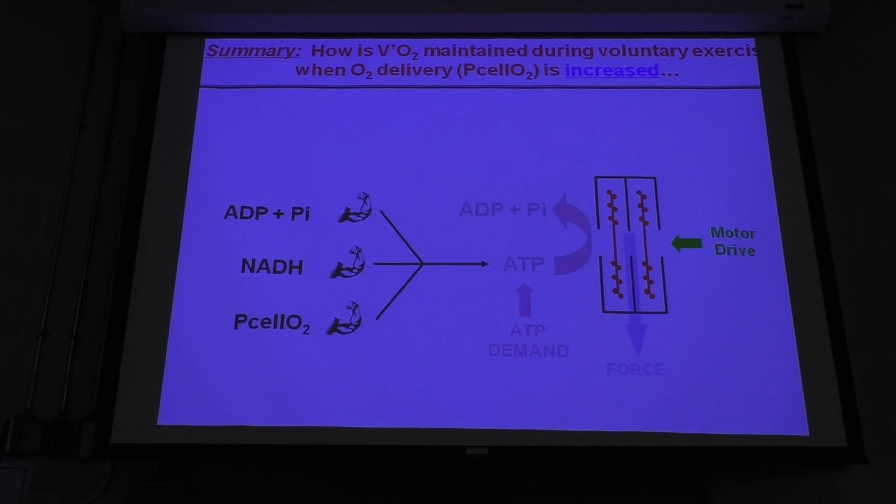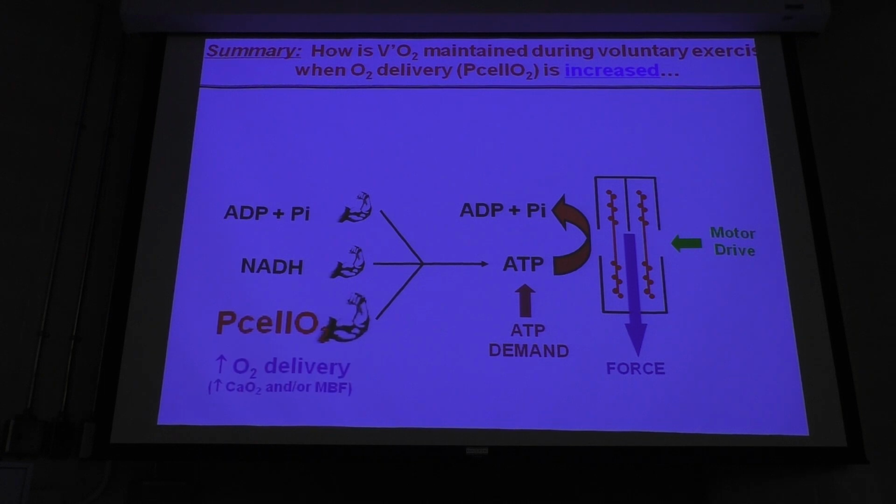So the opposite is true. At a constant force output or ATP demand, if you increase intracellular PO2, you can actually get away with reduced motor drive, less exertional symptoms, and less of the other substrates, which means that you don't have to break down phosphocreatine as much, accumulate as much inorganic phosphate, and drive glycolysis to the same extent to support a given amount of ATP break, because now you're getting a little bit more through oxidative phosphorylation.